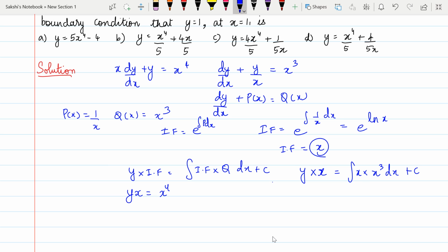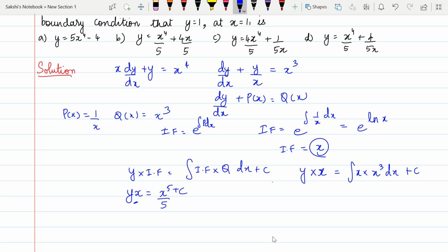On integrating this x power 4, we get x power 5 by 5 plus c. I can divide by x throughout this equation, or else we can just keep this x here itself.